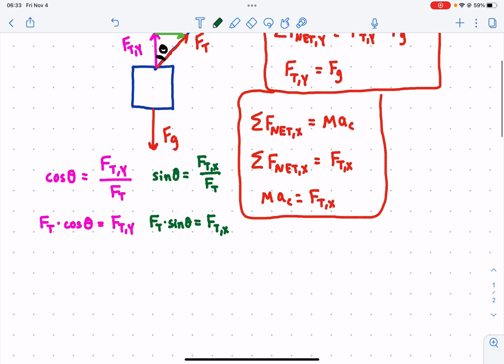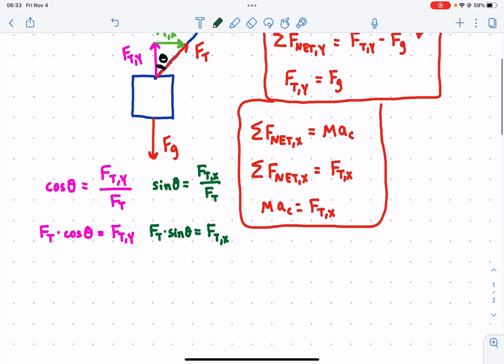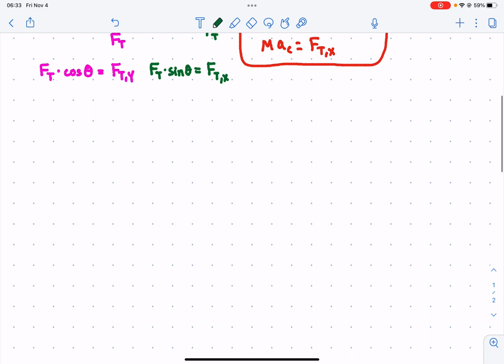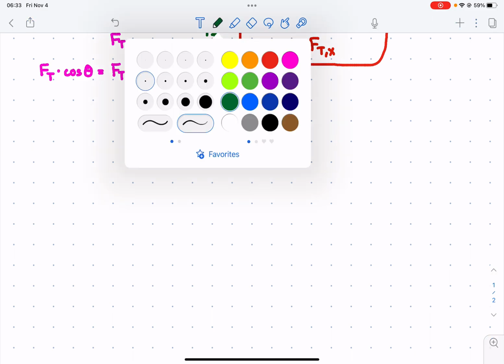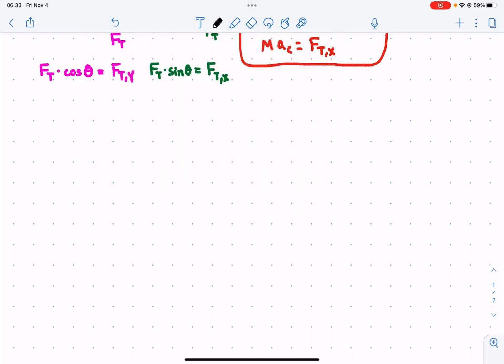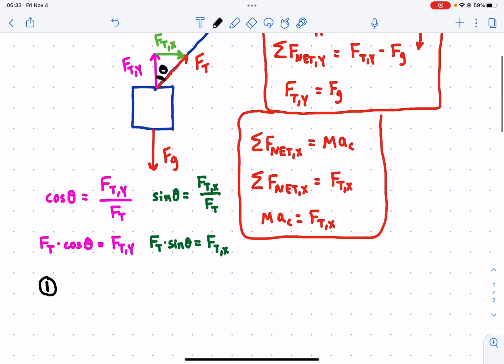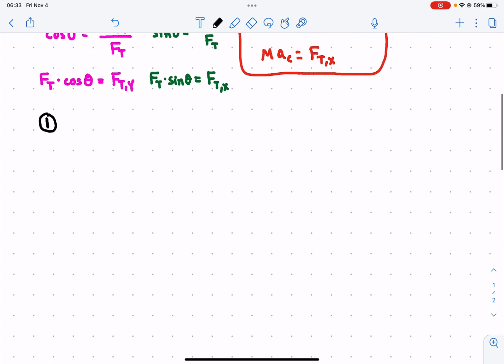Okay? Now, I have a system of equations, so let's go ahead and write down that system of equations. I'm going to switch to black. The first equation that I solved for was that the y component of tension is going to equal the gravitational force.